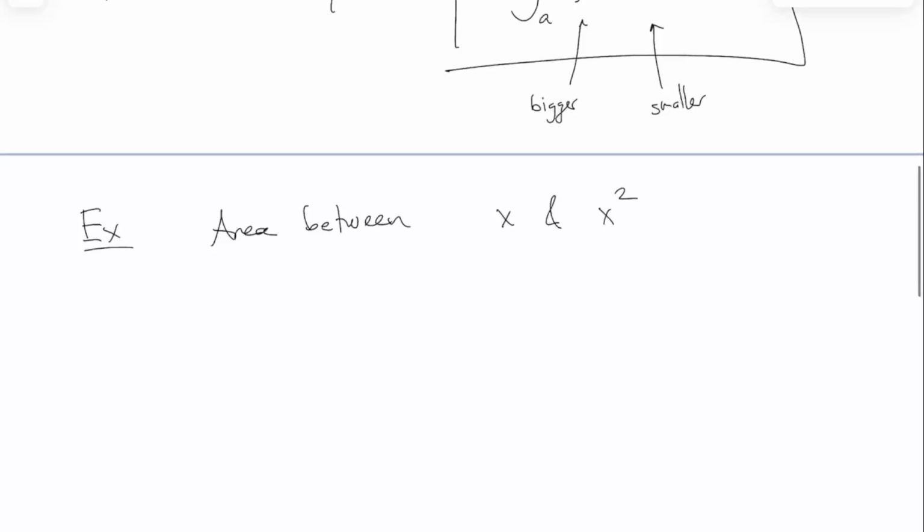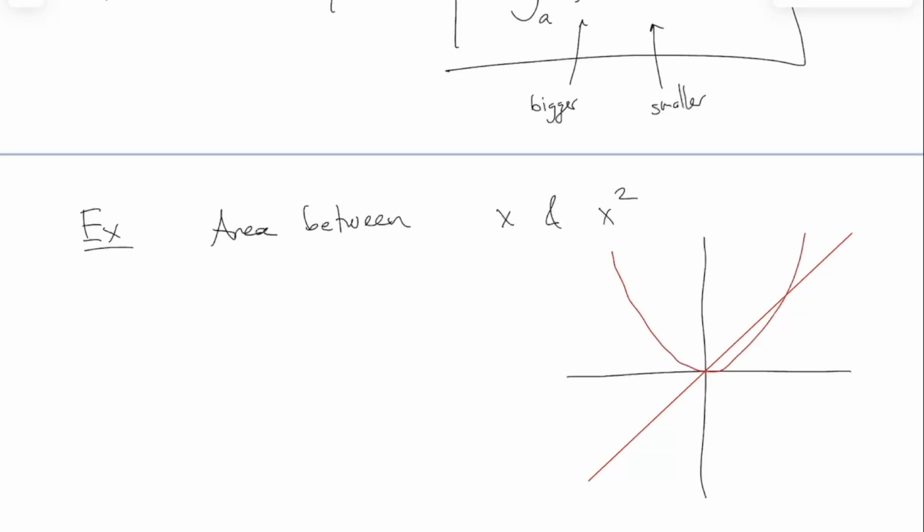I hope everybody knows what the graph of x and x squared looks like. x is just this line, and x squared is a parabola that goes up like this. So the area I'm referring to is that little chunk in between them. This little area here. Not too big, I guess.